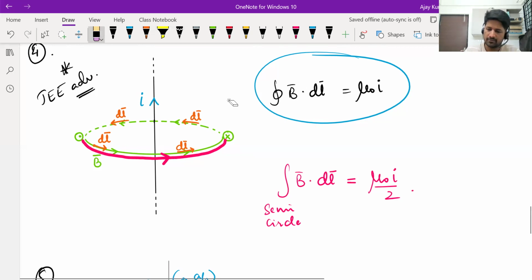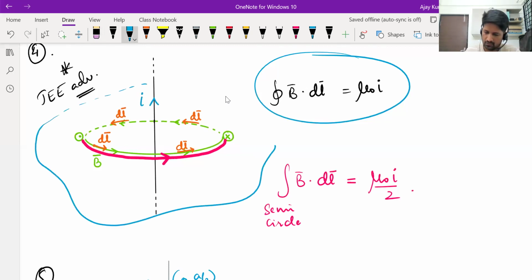What if you had a loop of this shape? This is all outside your screen and that part is behind your screen. Will it still be mu naught I for that loop or not, if it is enclosing that current?